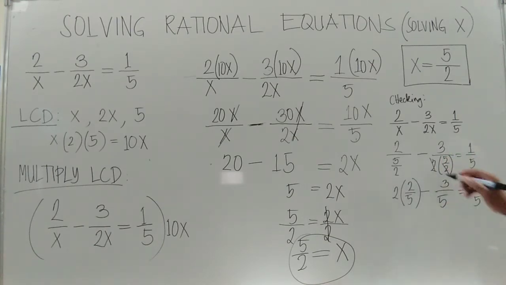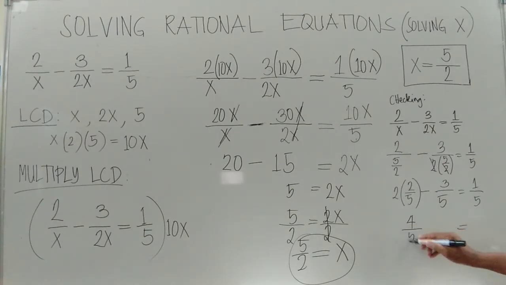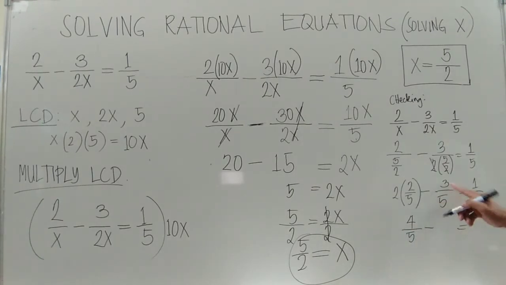Then copy your numerator 3. Then simplify 2 times 2. So we have 4. Then denominator 5 minus 3 over 5 equals 4/5.